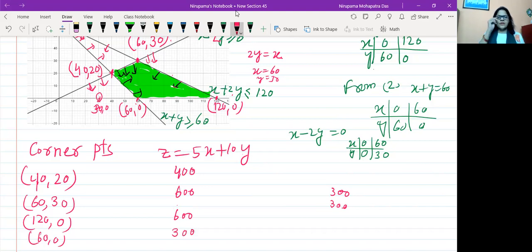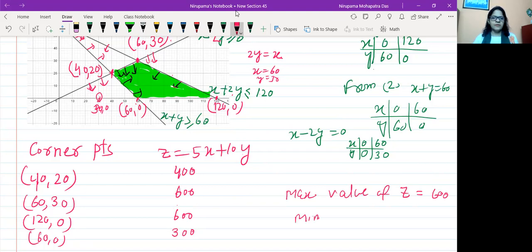Here we want to maximize and minimize, so what should be our answer? Our answer will be the maximum value and the minimum value. Maximum value of Z equal to 600. Minimum value of Z equal to 300.